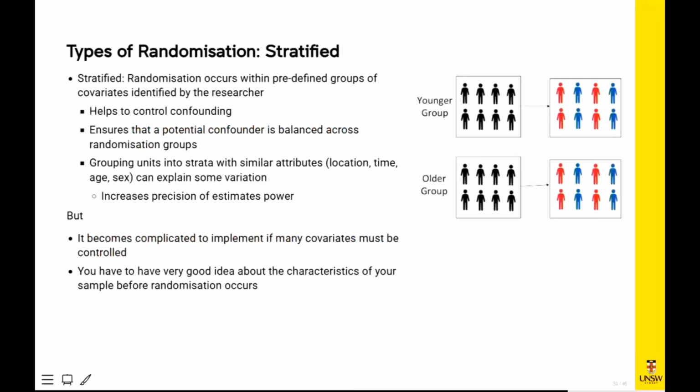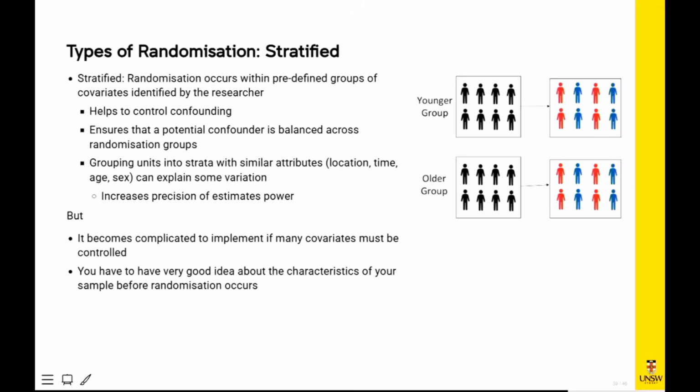You can also do something called stratified random allocation. You may have an idea that you want to make sure older people and younger people are balanced in your treatment groups or intervention groups. So if somebody is younger than 45 years old, we're going to call those people our younger group.